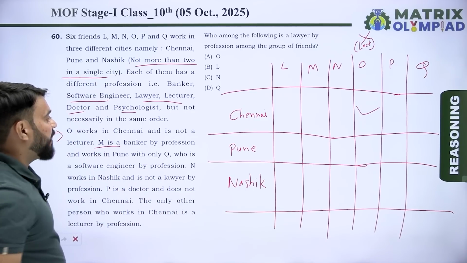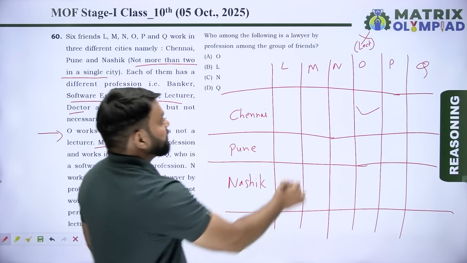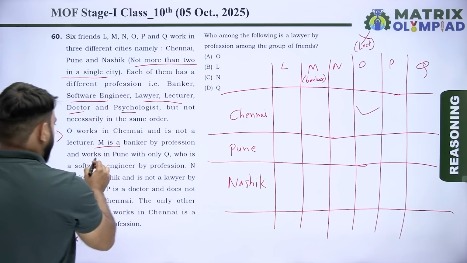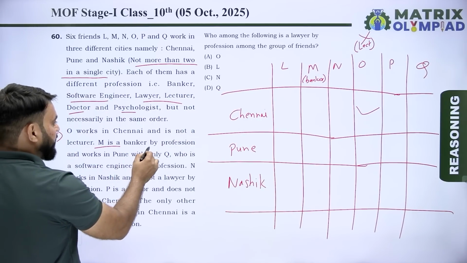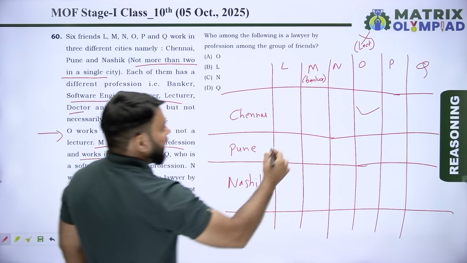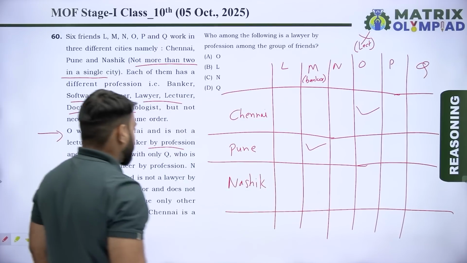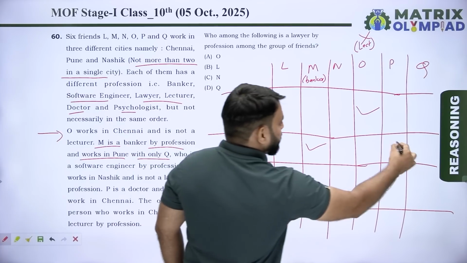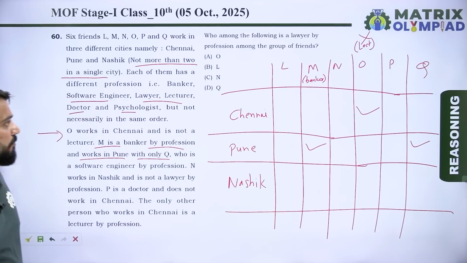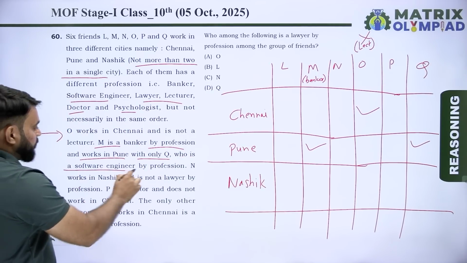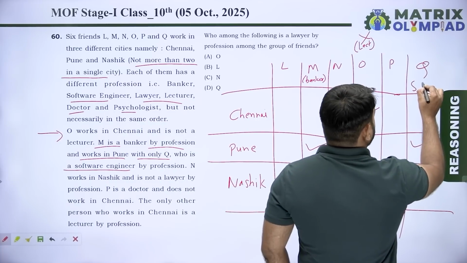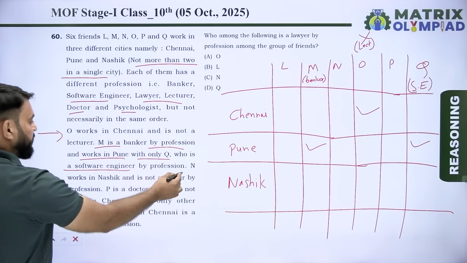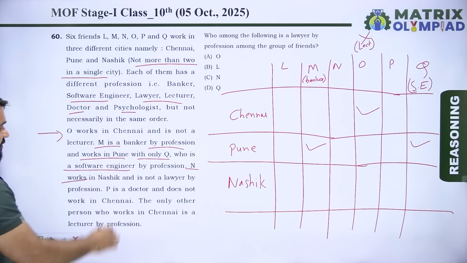Next, M is a banker by profession and works in Pune. M works in Pune with Q. Q already works in Pune. Who is a software engineer? Q is a software engineer by profession.